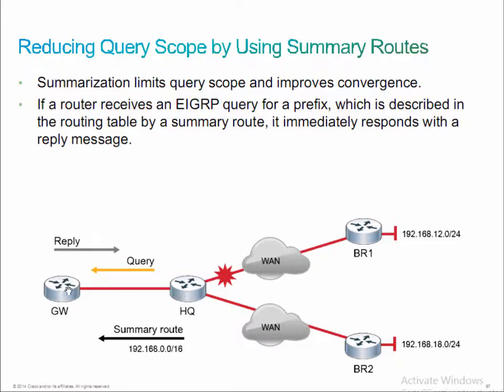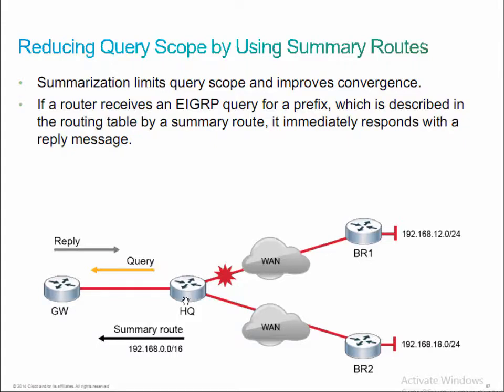If I send in a summary, even if this 12 network goes away, the summary doesn't change because the summary route is still valid. It still includes the 18 subnet, maybe any other subnet that might be included in that summary. So if I have a summary coming in from HQ to the gateway, there's no need to send in a query and a reply, at least from the gateway perspective to the HQ perspective.